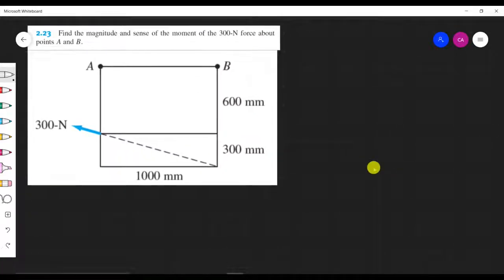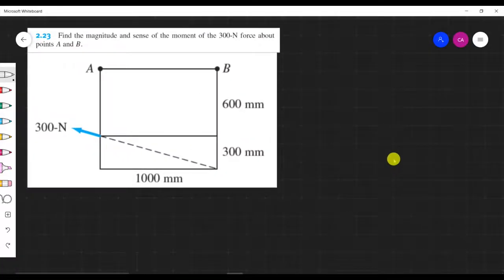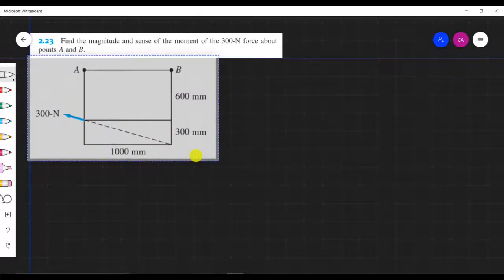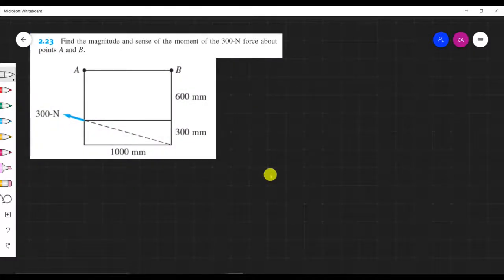Sa next problem, find the magnitude of the moment of the 300 Newton about point A and point B. Ibig sabihin nun, we are asked to find ang epekto ng moment ni 300 Newton.